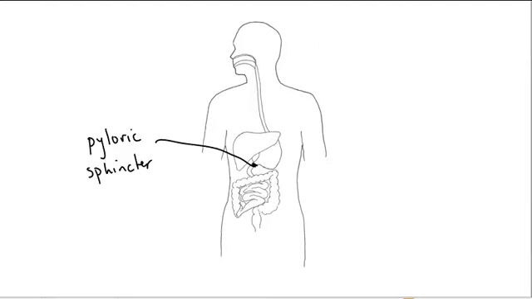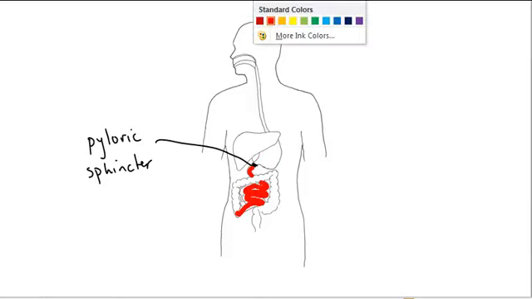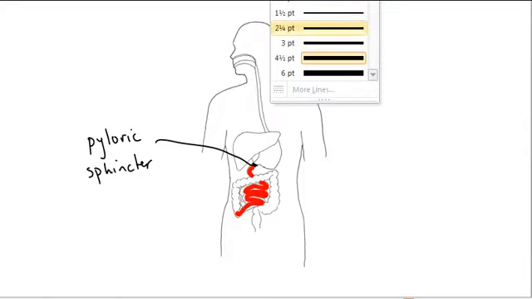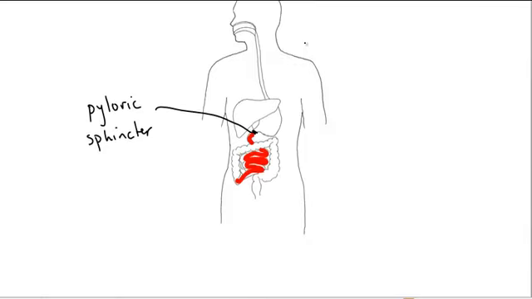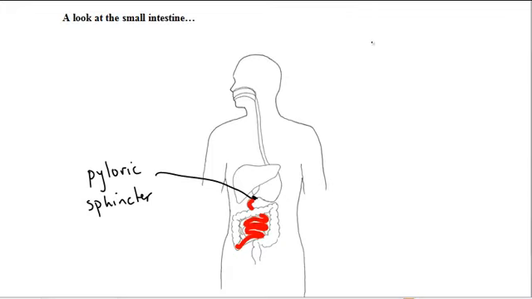And progresses down behind the large intestine in this picture, back and forth, until eventually it joins the large intestine. And it has 3 main parts to its structure. We'll start discussing the structure right here beside it.